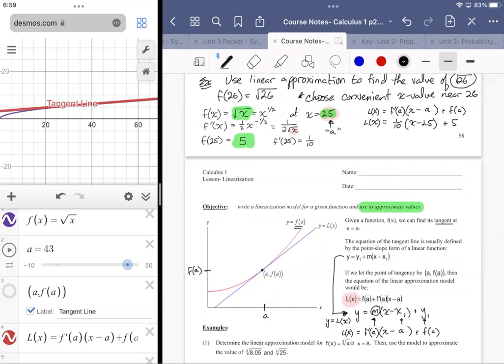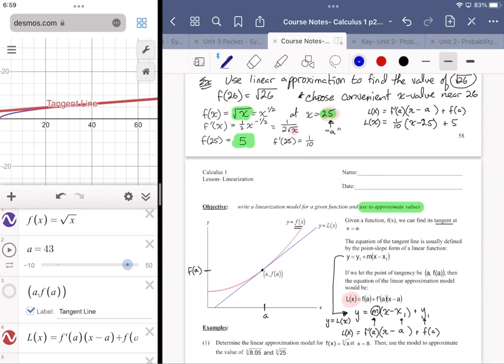The whole idea here is to write a tangent line equation at this point, because now, instead of evaluating my original function at 26, which I couldn't do because I don't know the square root of 26 in decimal form, I can evaluate this much simpler equation with that 26.